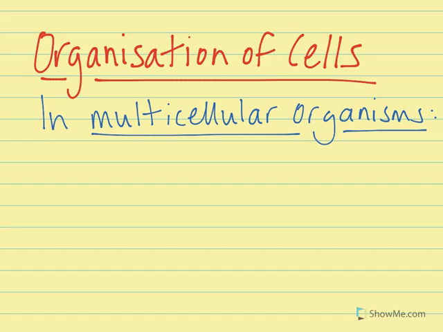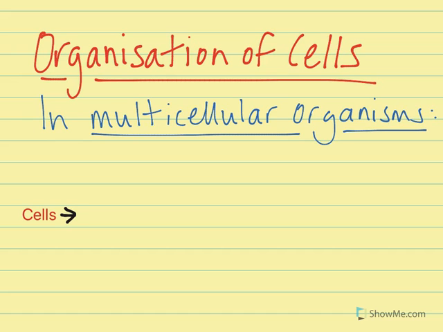Finally, some organisms exist as single cells, and we call these unicellular. However, we are examples of what's called multicellular organisms, and we are made, therefore, of many, many cells. And in multicellular organisms, cells are organized in a certain way.